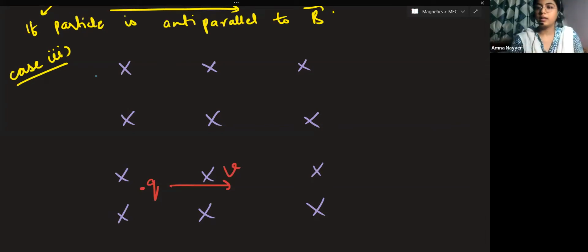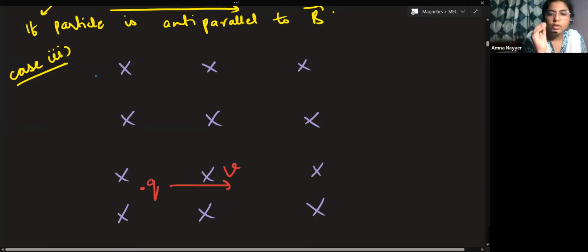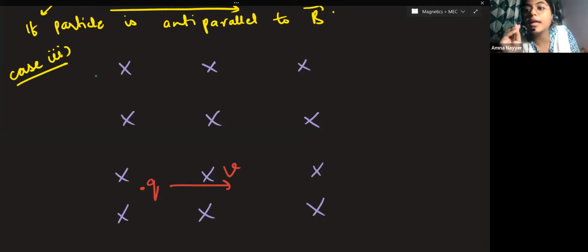See, using the right hand thumb rule only we'll do it. You have to place your fingers along the direction of motion, means in the direction of velocity. Keep on looking at my hand as well as the screen. Direction of velocity is like this.